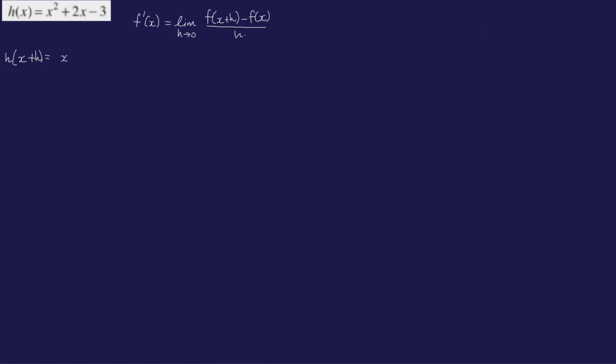So this is going to be x plus h all squared plus 2 into x plus h minus 3. Now let's simplify. So this is going to be x squared plus 2xh plus h squared plus 2x plus 2h minus 3.